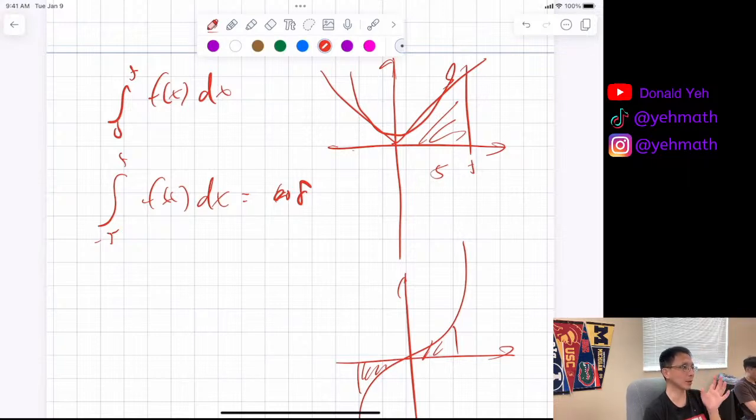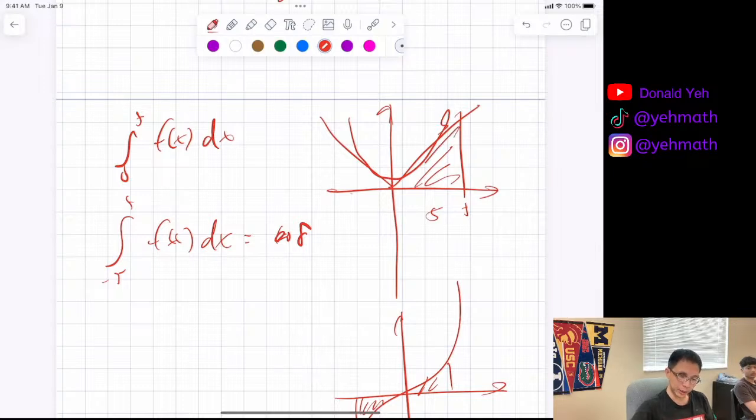Biologically, exact symmetry doesn't make sense. But in general, this is basic symmetry on the y-axis. So for an even function, from here to here is, let's say, 5. The other side is also going to be 5, so it's going to be 10. But in this case, 0 to 5 is 4, so the answer has to be 8, double.